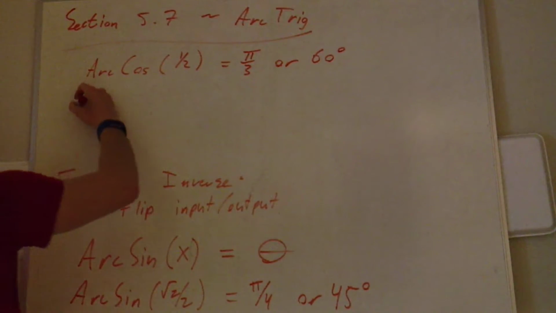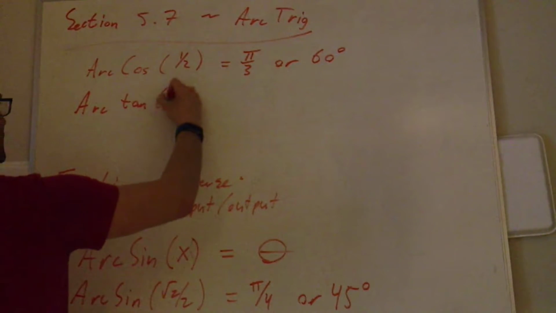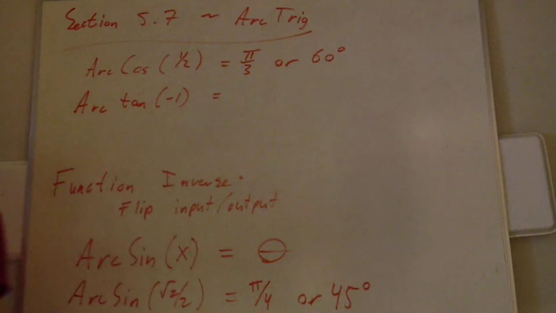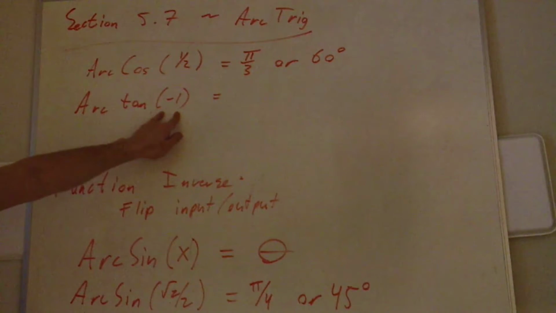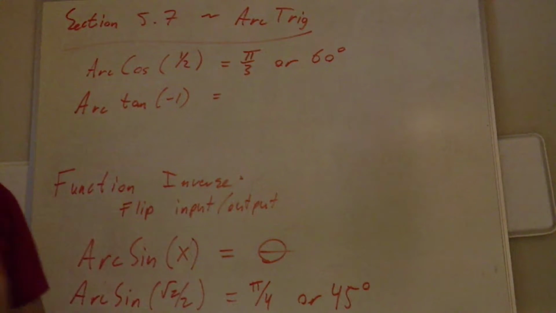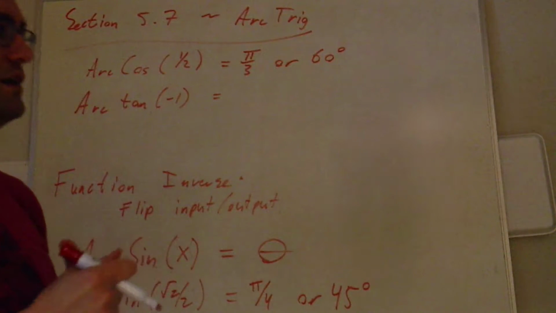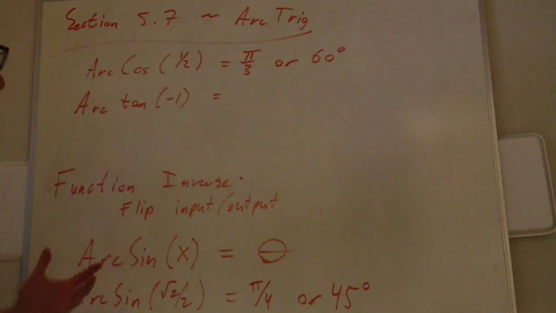And we can do this with arctangents as well. If I ask for the arctangent of -1, tangent usually takes an angle as an input and gives you a ratio of y to x values as an output.